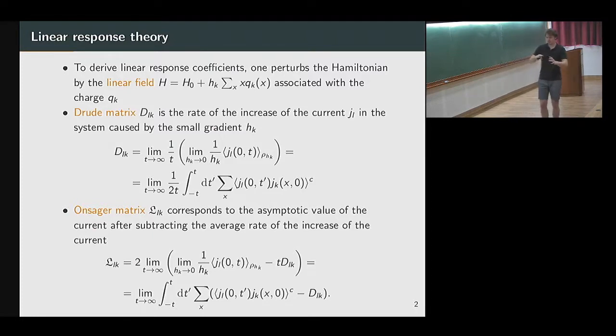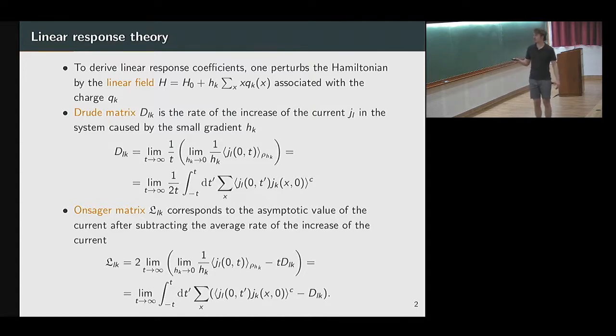Then we look at how the system responds if this field is very small. What we're interested in is the behavior of the currents of charge L if we introduce a small gradient of charge Q in the system.